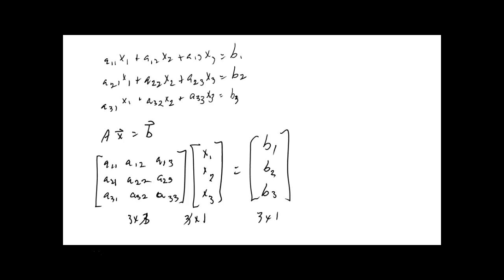That was Gauss elimination and Gauss-Jordan elimination. Now we're going to separate this and have a coefficient matrix of 3 by 3, in this case, the unknown matrix, the variable matrix here, and then the constant matrix over there.